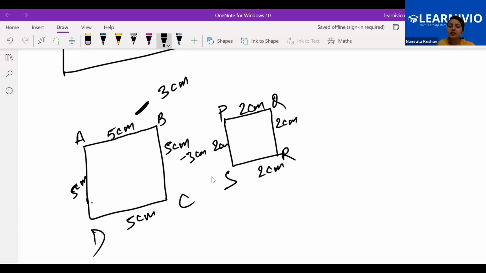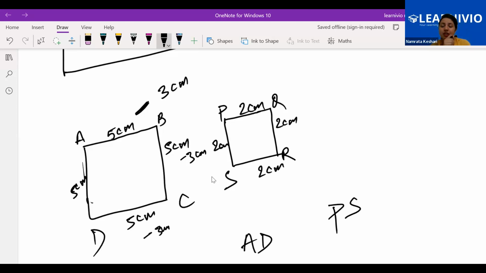In the other side CD and SR, there is a reduction of the same 3 centimeter. In the other side AD and PS, if we are comparing, can you see there is just a reduction of the same 3 centimeter? Can you see it? If that is the case, then only we will say it's a similar figure.